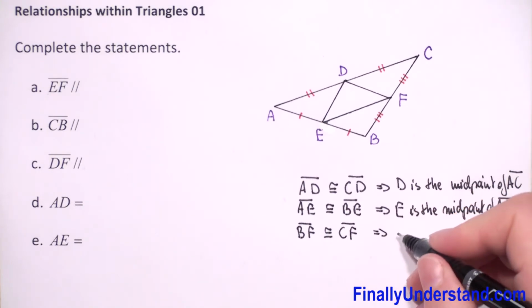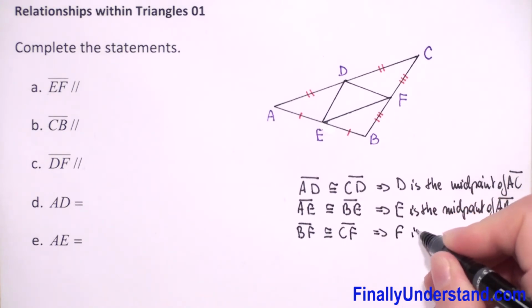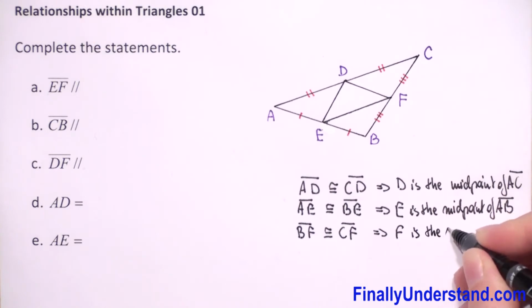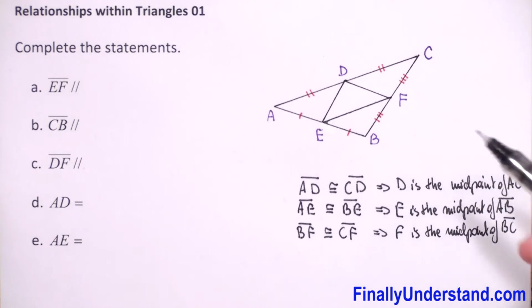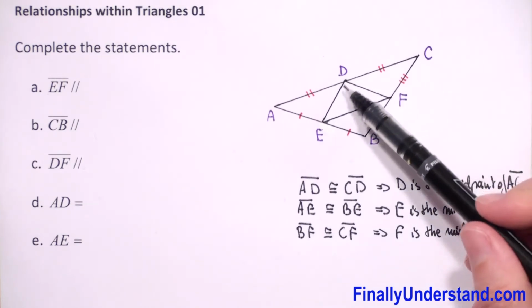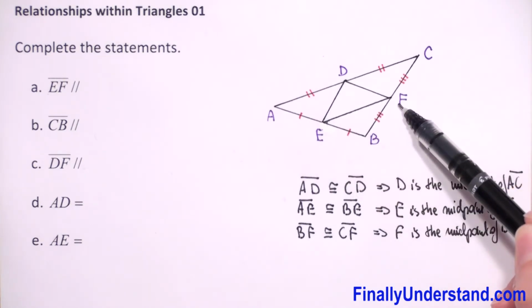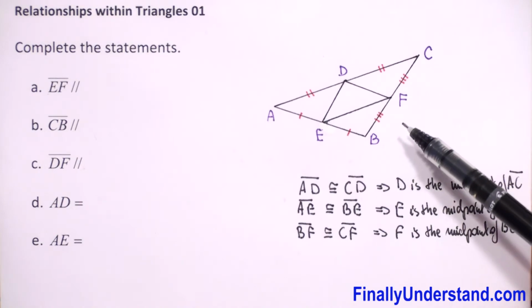So we can write that F is the midpoint of BC segment.